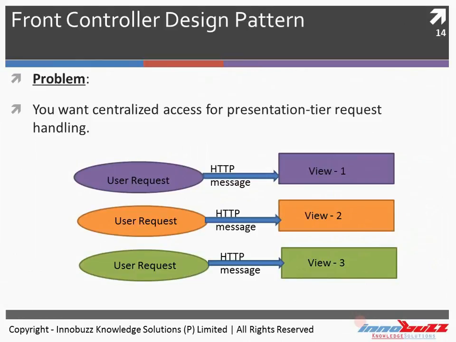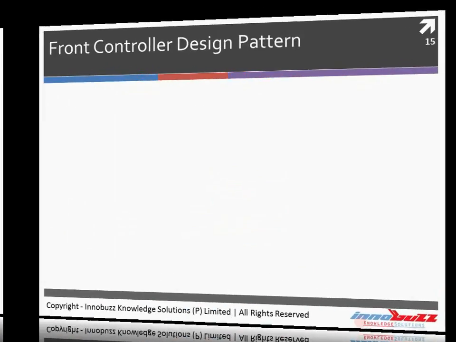The problem is that each user will have his own HTTP message for a specific view. So this will lead to a number of requests handling a number of views, one to one, which will be a major task for any application. So this will be a problem. Let's see the solution.